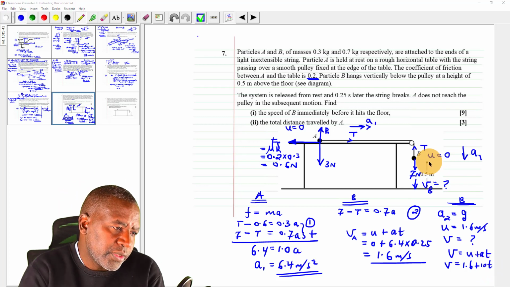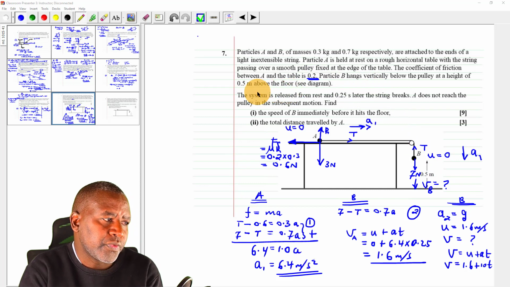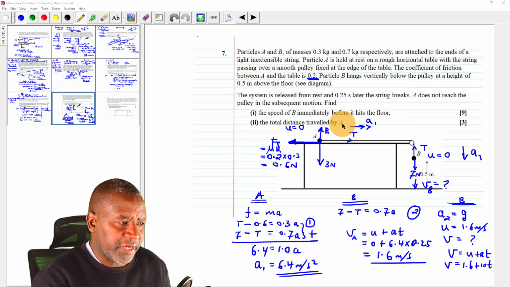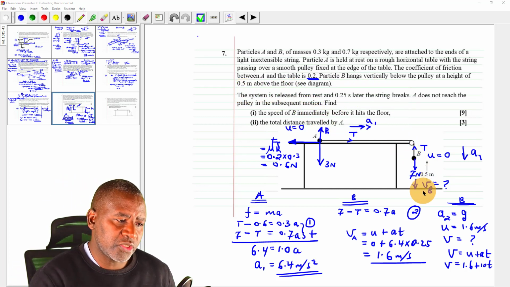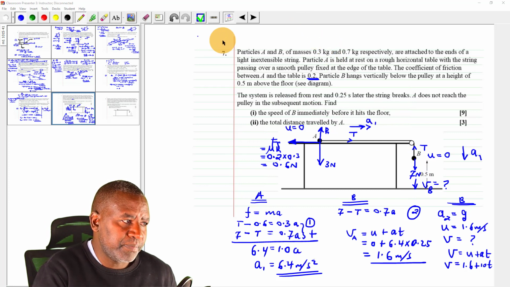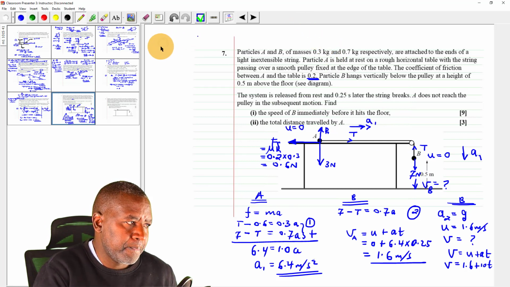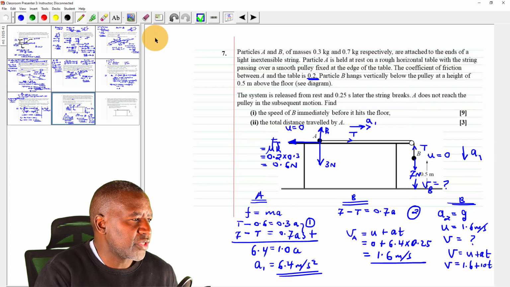So supposing I want to work out the displacement it covers for this duration, 0.25 seconds, I would use the third equation, and I get s equals v squared minus u squared over 2a.